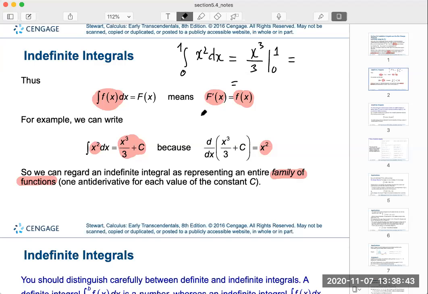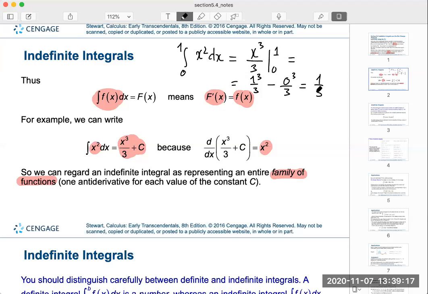And here, what do we have from here? Would it be 1 to the third divided by 3 minus 0 to the third divided by 3? Perfect. And here, 1 to the third gives us 1, and the denominator is 3. So finally, it is 1/3, right?